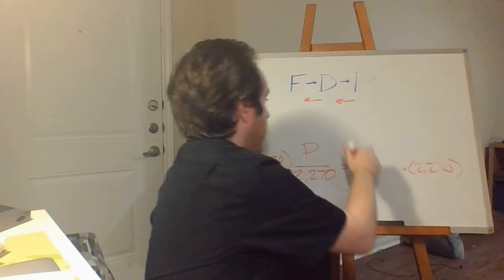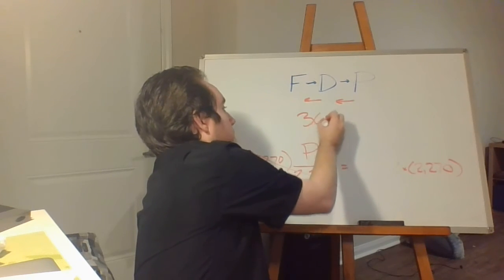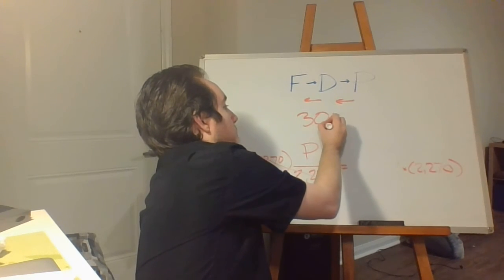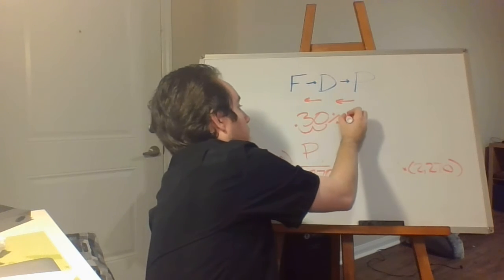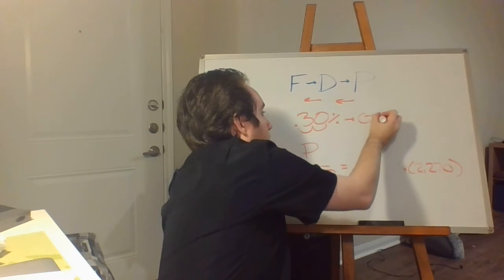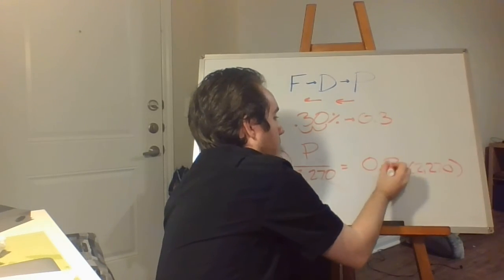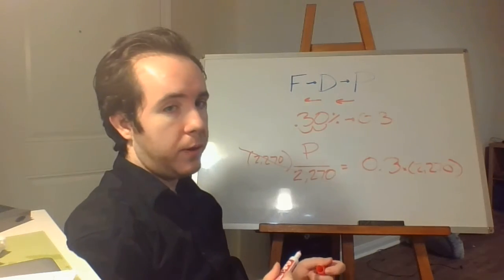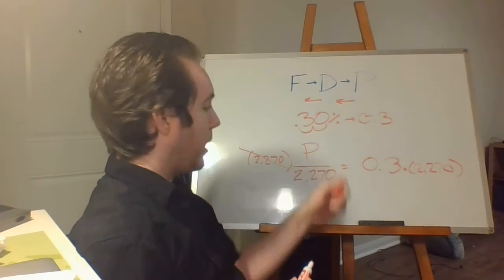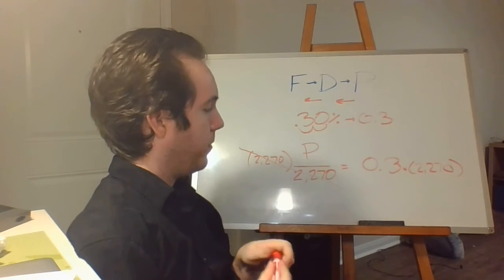My 30% will become another decimal. Move that over 2 spots, and it becomes 0.3. So we do 0.3 divided by the 2,270, and that will give you the number of prisoners. Same method.